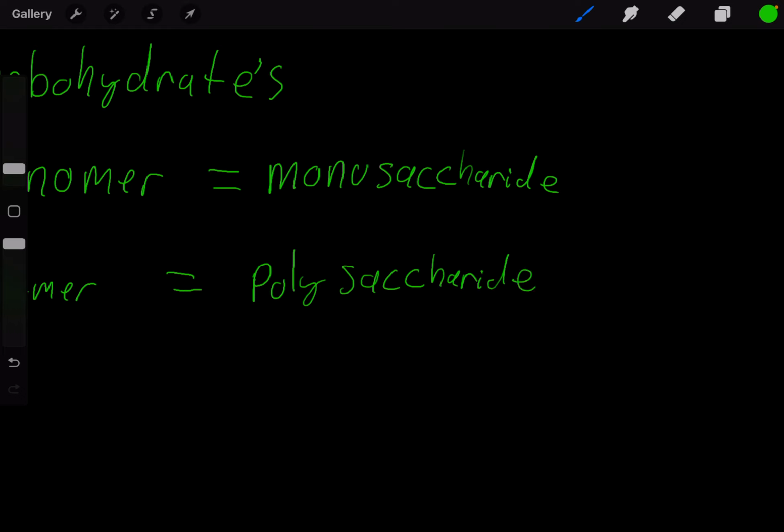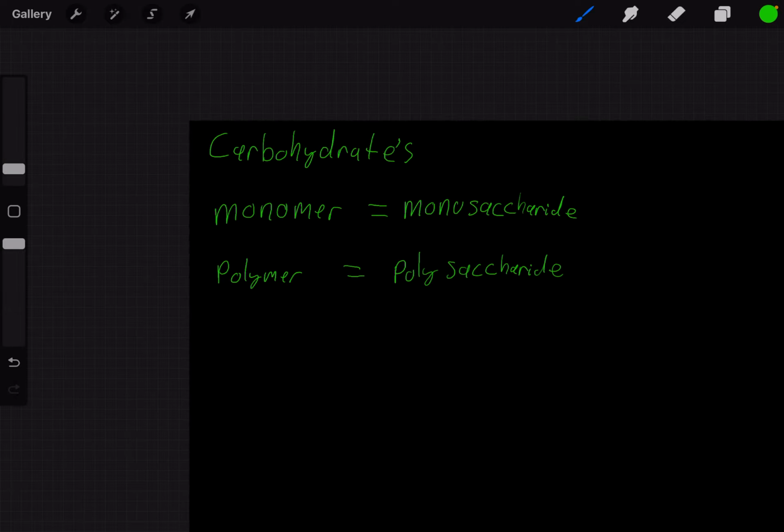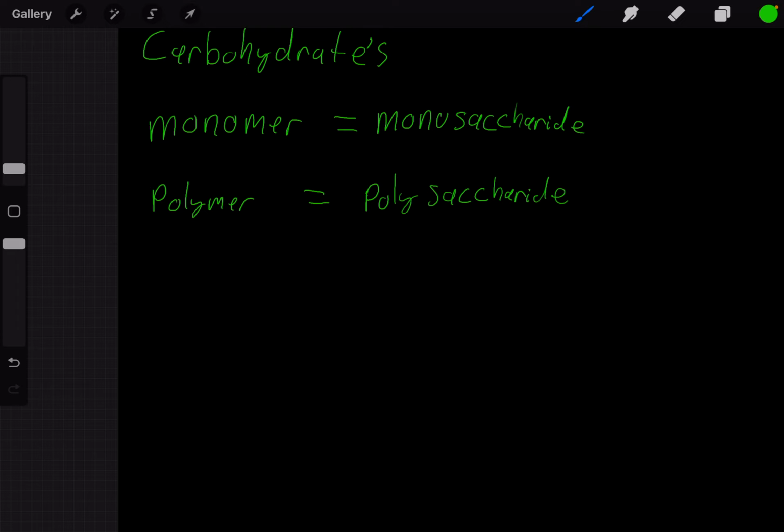All right, now that we have the monosaccharide and the polysaccharide as a monomer and a polymer, we know that multiple monosaccharides will make a polymer, and we'll talk about types of them. For example, we have different types of carbon sugars.